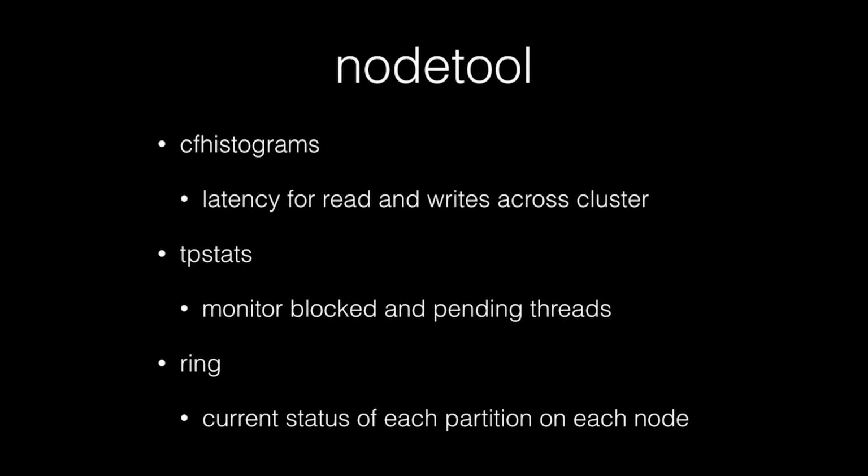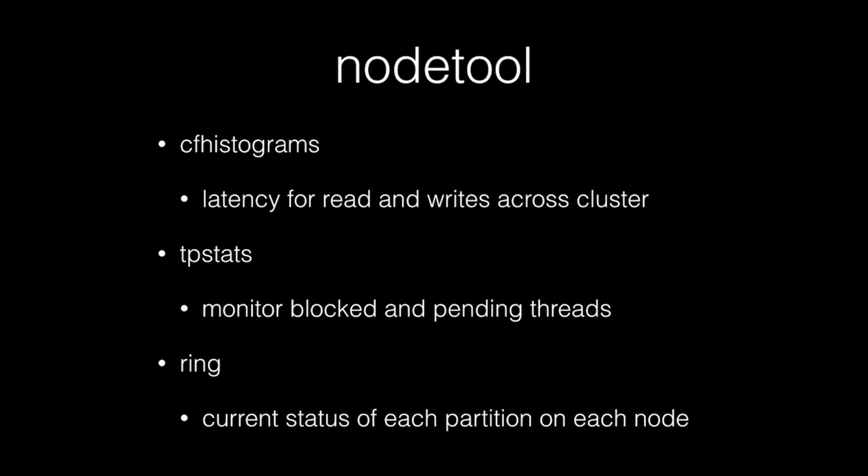Nodetool is a tool that comes with Cassandra, which allows you to interact with your cluster as a whole or the given node that you're running it on. It does lots of things. It's essentially just a JMX client that talks to the Cassandra instance.